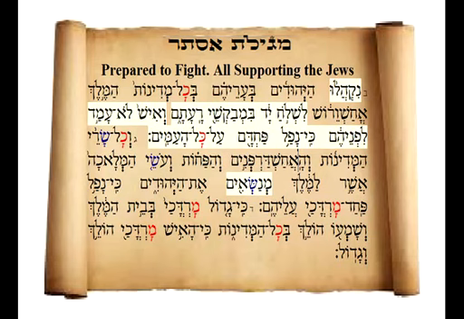And all of the officers of the countries, the satraps, the governors, and the lesser officials that do the work of the king, would support the Jews, because the fear of Mordecai fell upon them, because Mordecai was a great man in the house of the king, and his name went out before him in all of the countries, because the man Mordecai was becoming greater and greater.